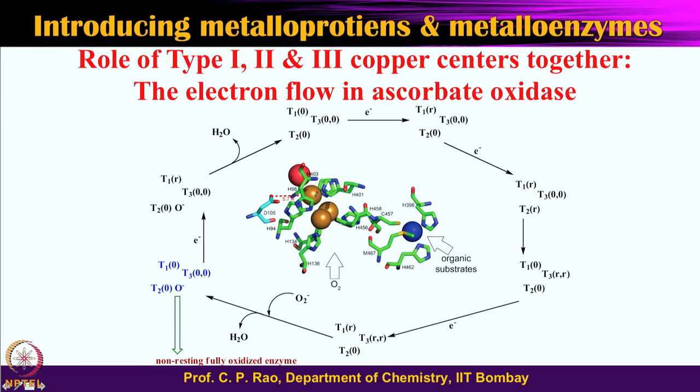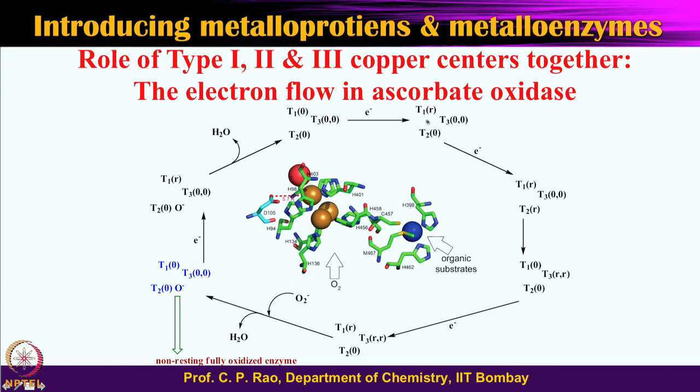So, the substrate will be in this particular region, and as you can see, the substrate goes from here and the oxygen goes from here. So, you have a substrate getting oxidized and the O2 getting reduced, and the O2 reduction requires 2 coppers together. So, I think the whole thing is understandable now.